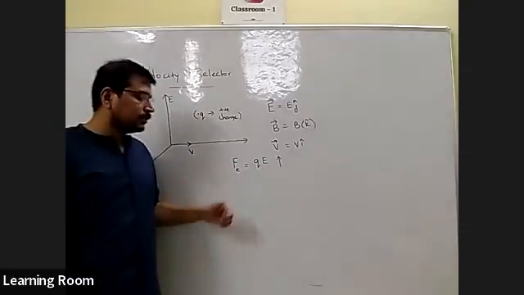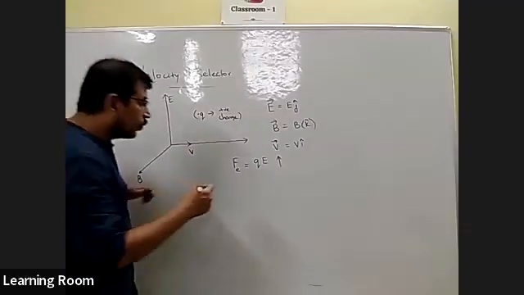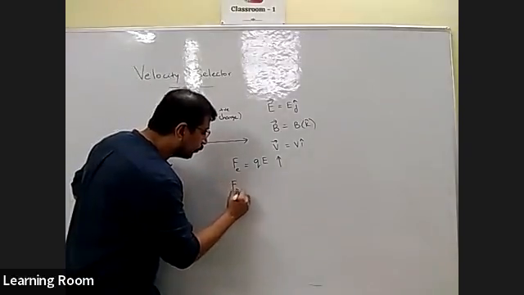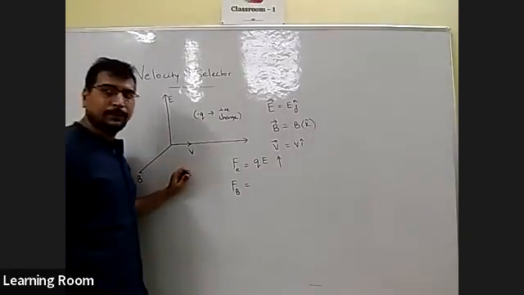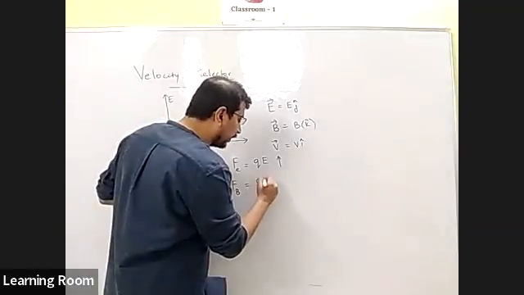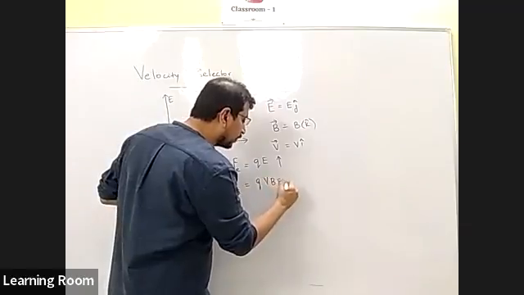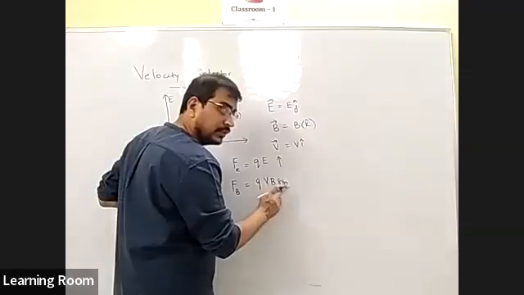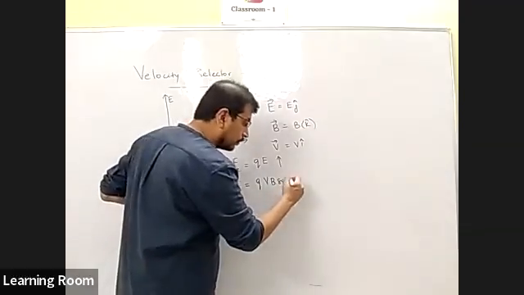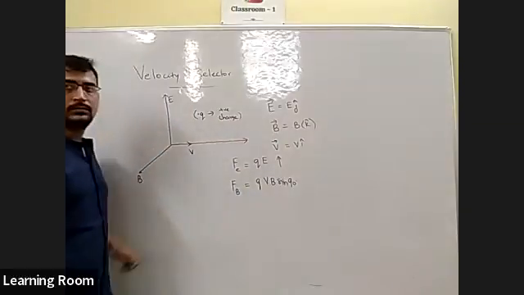Right? In a similar context, what would be the value of the magnetic force experienced by the same charged particle according to the Lorentz force? It is going to be Q V B sine 90.